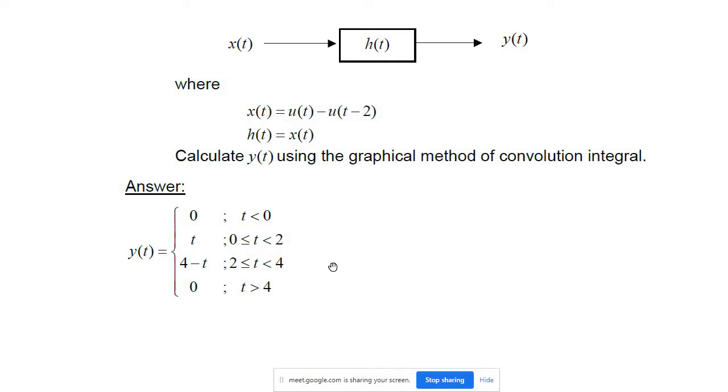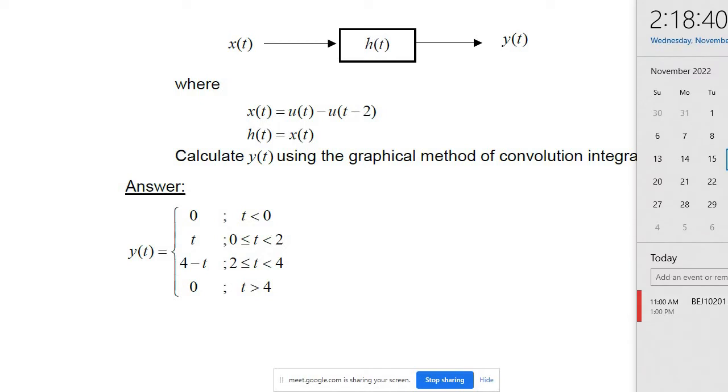Please, everyone, do Exercise 2.4, question 1 as homework. Submit it next week before class, which is on 23 November.